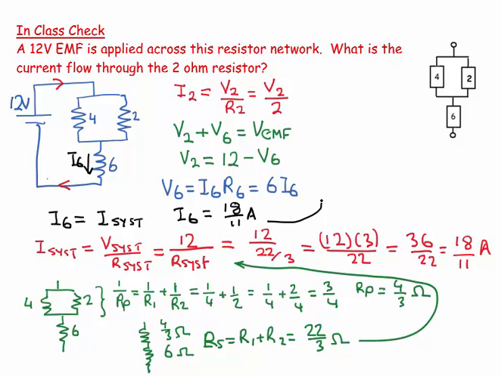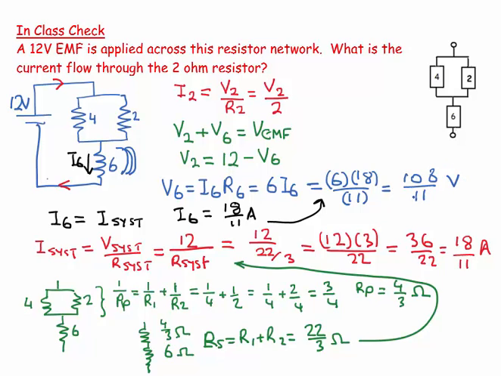And so we go along here and we say, oh, well, in that case then V6, that's the voltage drop across there, V6 is equal to 6 times 18 over 11, and that's going to equal 108 over 11, and this is volts.